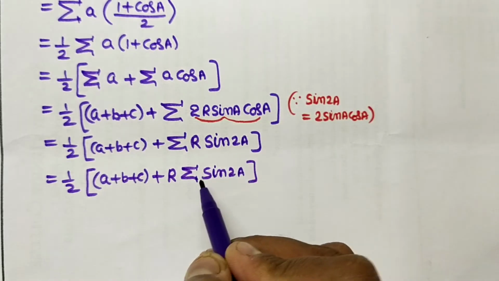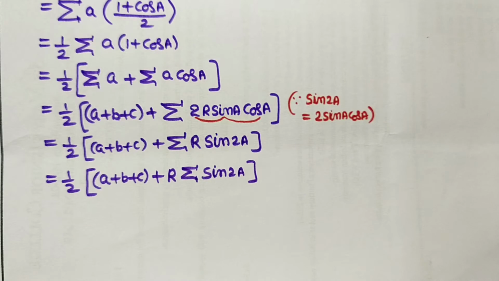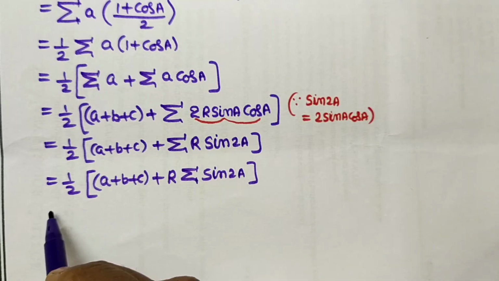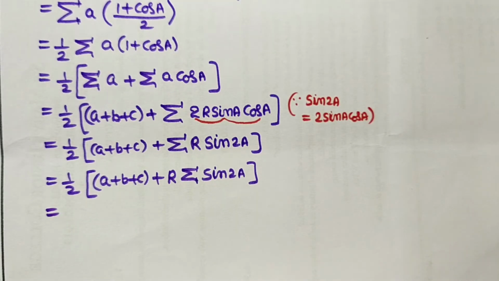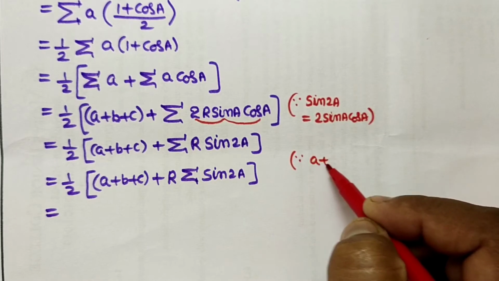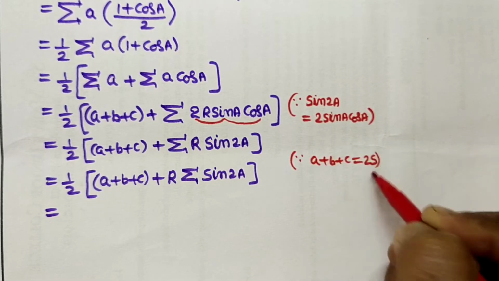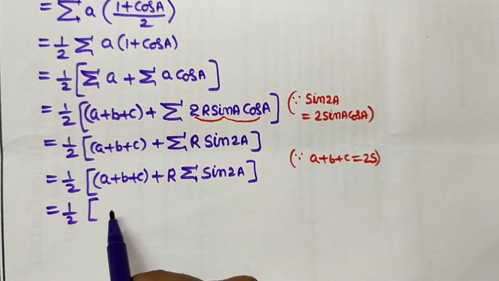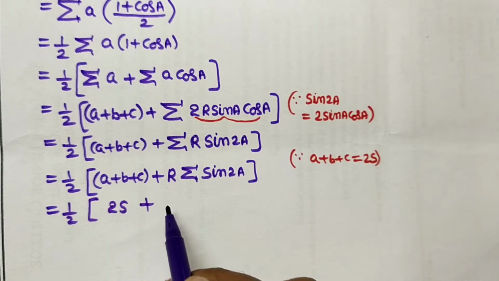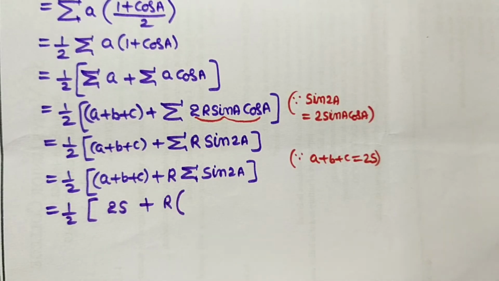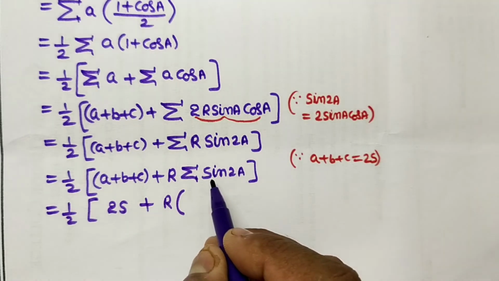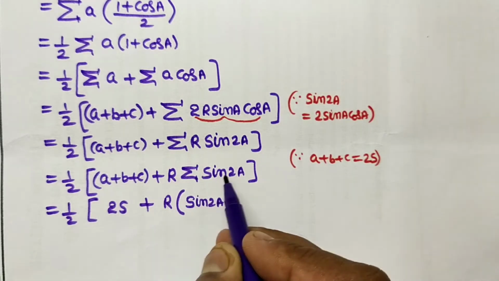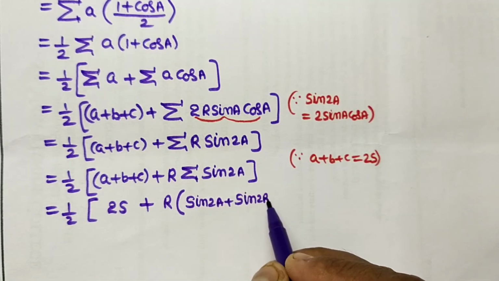Expanding it becomes sin 2A plus sin 2B plus sin 2C. Also a plus b plus c equals 2s, where s is the semi-perimeter of the triangle. So now half into 2s plus capital R into the bracket sin 2A plus sin 2B plus sin 2C.